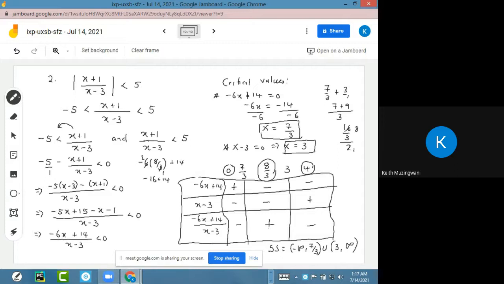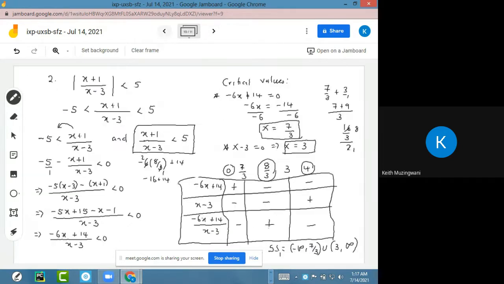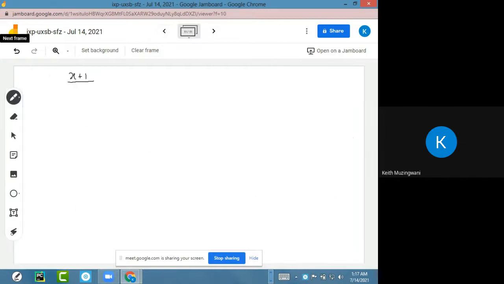So this here we'll call solution set 1, because we still have this piece. We haven't solved this piece yet. So we are done with the first piece. Now let's solve the second piece. So we have x plus 1 over x minus 3 less than 5.